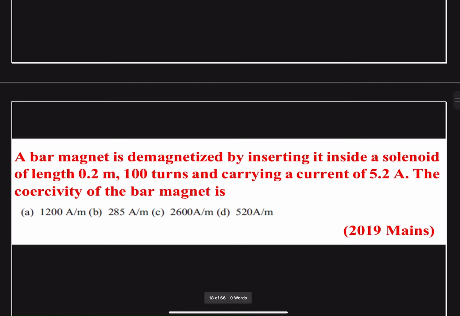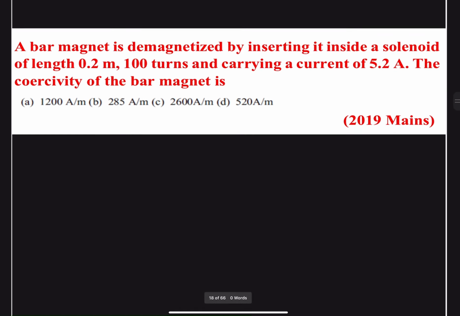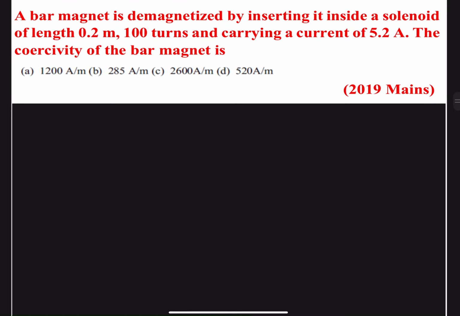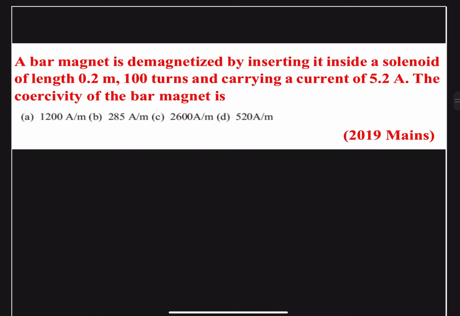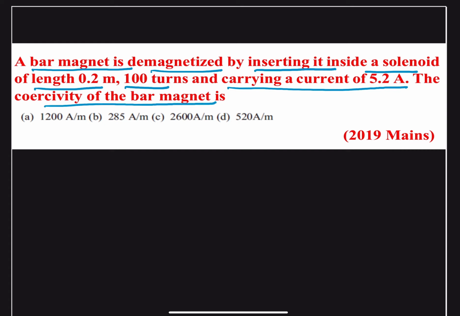We come to the next question, and here it is given that a bar magnet is demagnetized by inserting it inside a solenoid of length 0.2 meter and 100 turns, carrying a current of 5.2 ampere. The coercivity of the bar magnet is.